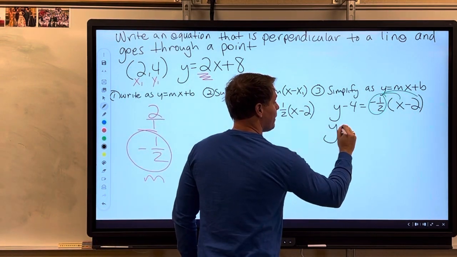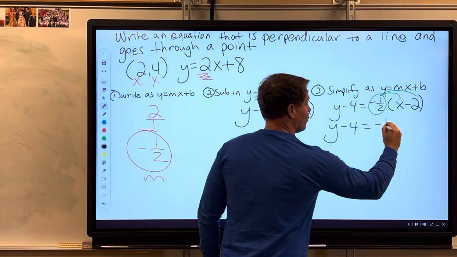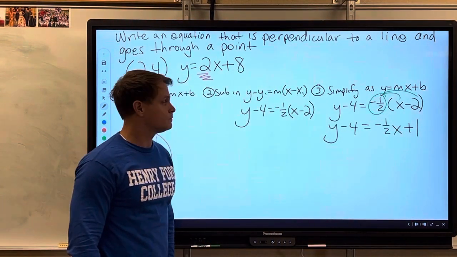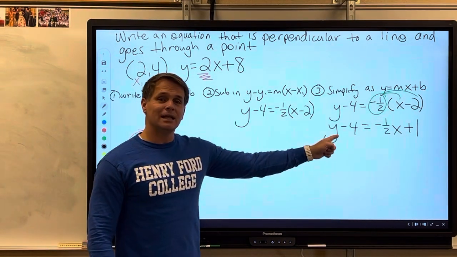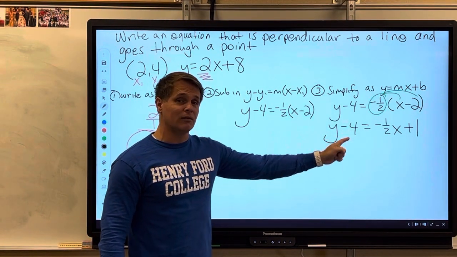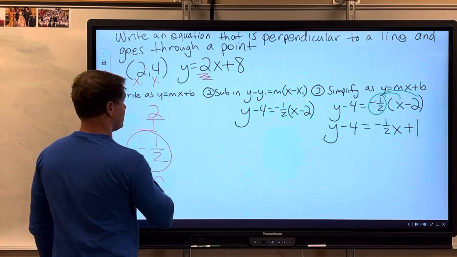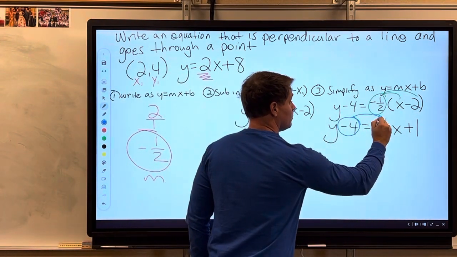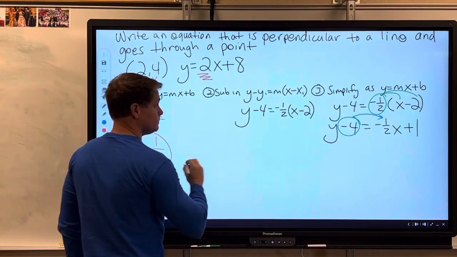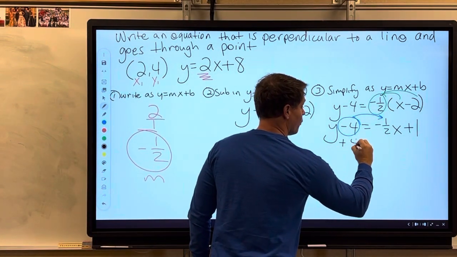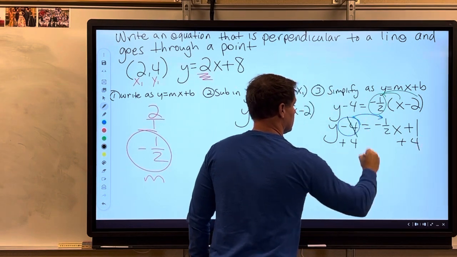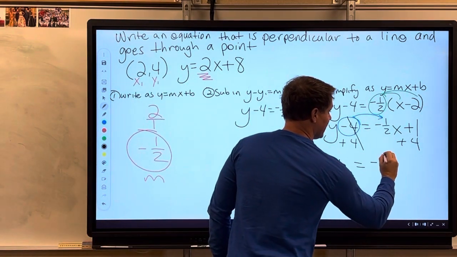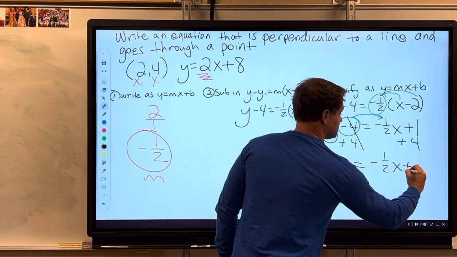So I have y minus 4 equals negative 1/2 x plus 1. The last thing that I'm going to do is undo this negative 4. How do you undo a negative 4? You add 4. I'm going to add 4 to both sides. So I have y = negative 1/2 x plus 5.